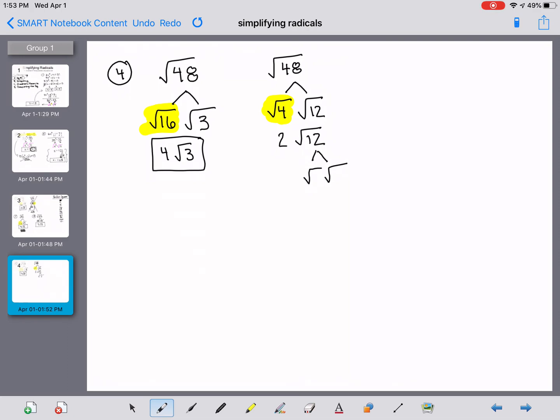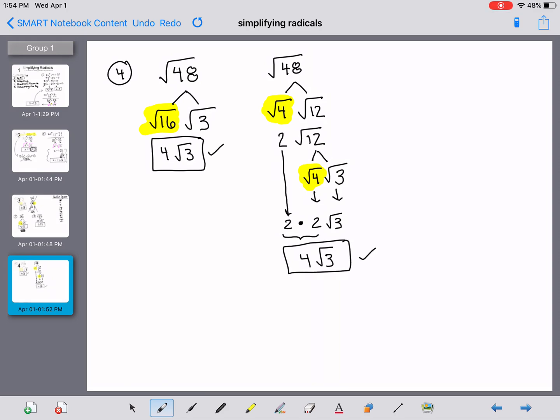We already did this example. 12 can become 4 root 3. Square root of 4 is a perfect square. That becomes 2. Bring down the root 3, and then this guy comes all the way down as well, and it's multiplication. So 2 times 2 is 4, square root of 3. Same answer as the first time, but so much more work.